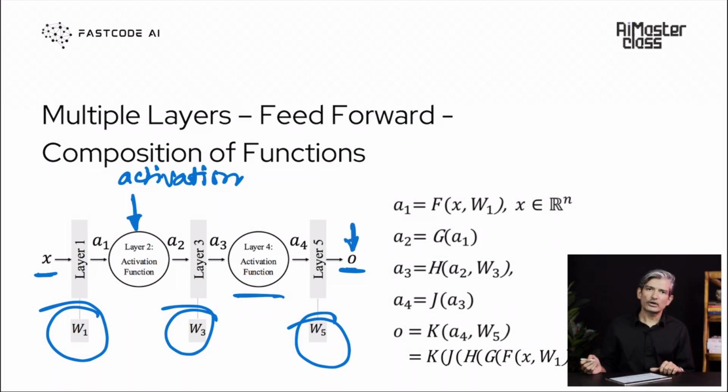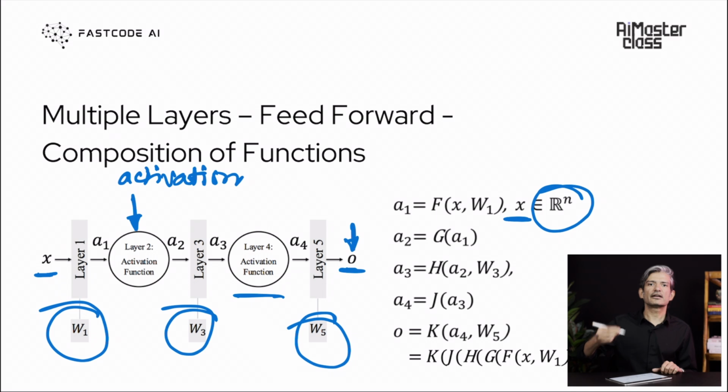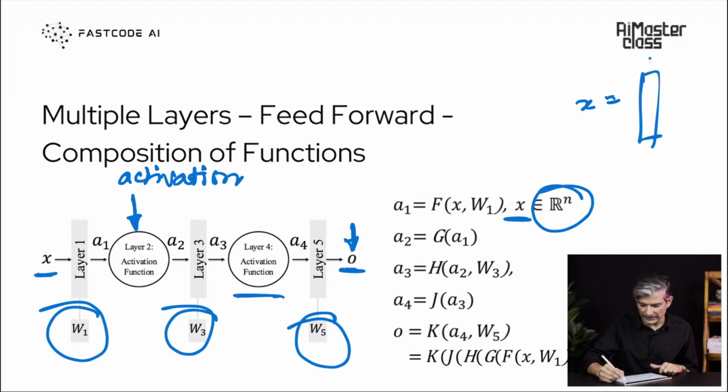Now if we were to write it mathematically, let's say we have our input x, and this input x is an n-dimensional vector. So we write it like this, which means it's coming from the set of real numbers of dimension n, meaning your x essentially is a vector of size n cross 1.